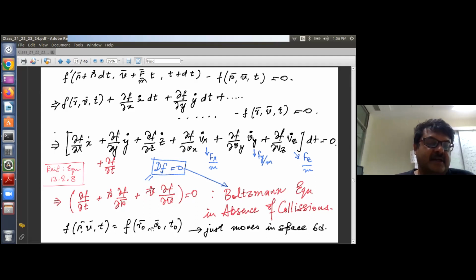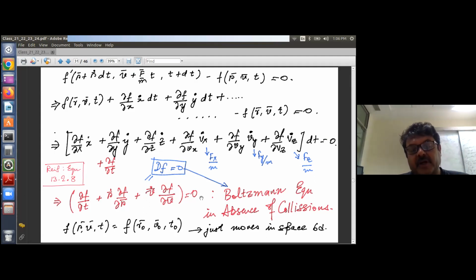This is the meaning of this. It's just unchanged, but in reality you do have collisions. Remember, here there is some flow, but this is the explicit part, the sum of this and this equal to 0.